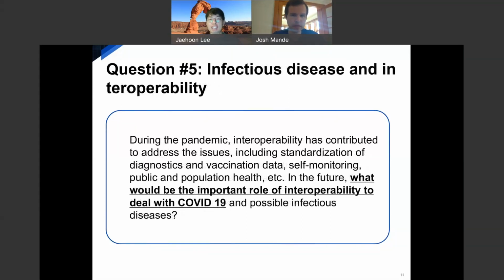Let's move on to the final question: infectious disease and interoperability. I personally realized this issue. I'm actually in Korea, although my background is Arches National Park in Utah. What makes me realize the problem is that I'm fully vaccinated and I have the CDC's paper card, but it's not electronic.